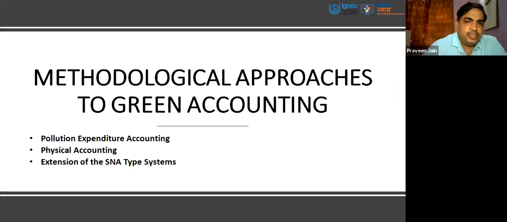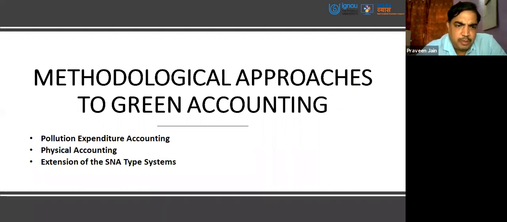So now we'll move to the approaches of green accounting. How we can include the environmental cost, or the value of the depletion of the natural resources, or the value of the services which we used from the natural resources or ecosystem services. So there are three approaches.